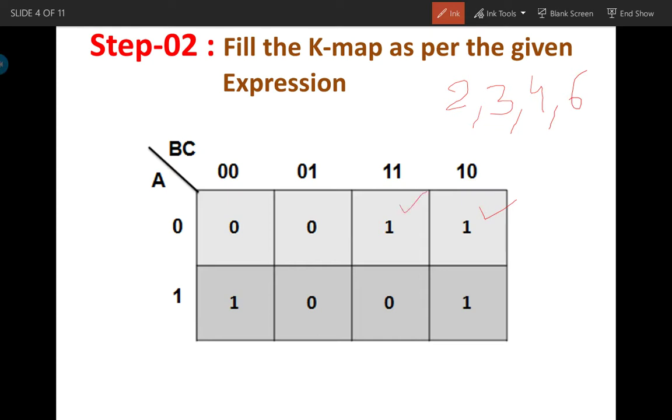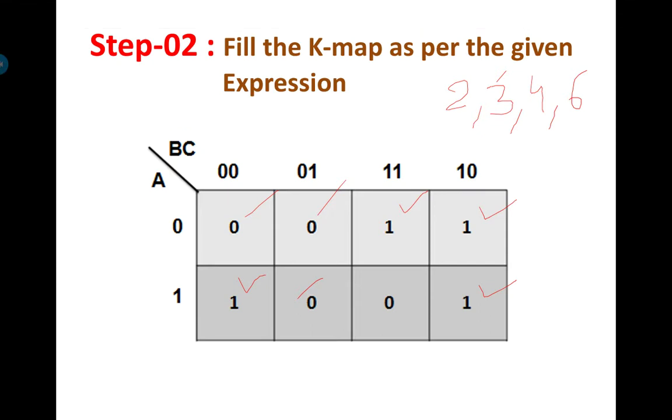Similarly, this cell represents the min term 3, this cell represents the min term 4, and this one the min term 6. These cells are filled with 1 and all other cells are filled with 0, right? This is the way to fill the K-map.